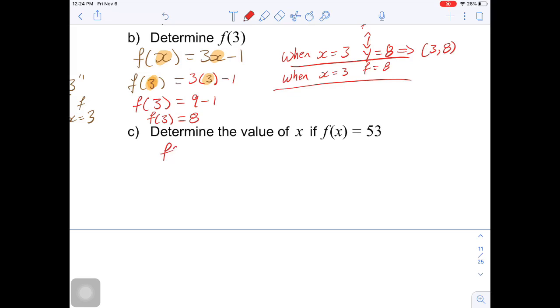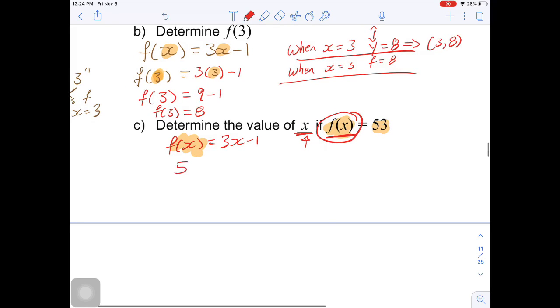So this one, remember, we have an equation for f of x. f of x equals 3x minus 1. It wants us to find the value of x that makes this whole thing f of x equal 53. So I'm going to replace f of x with 53. So 53 equals 3x minus 1.